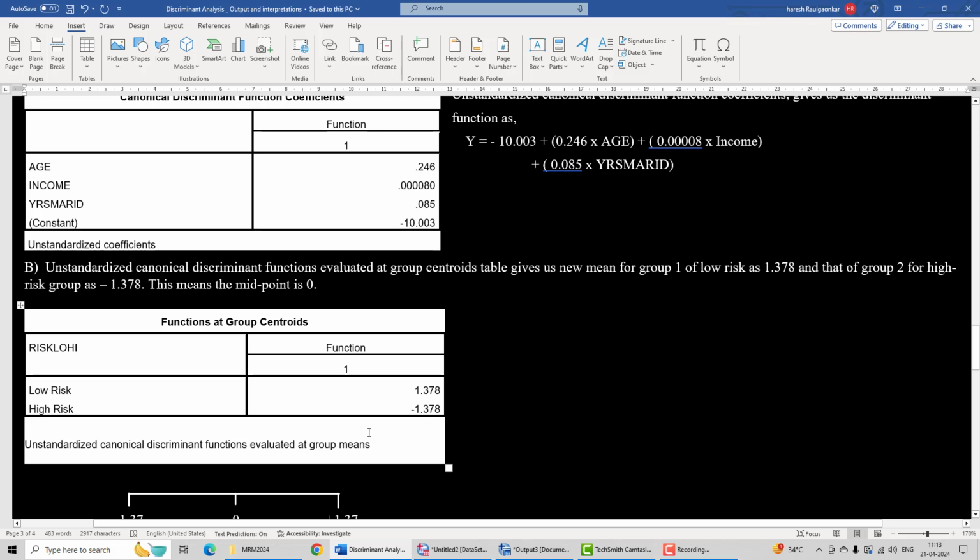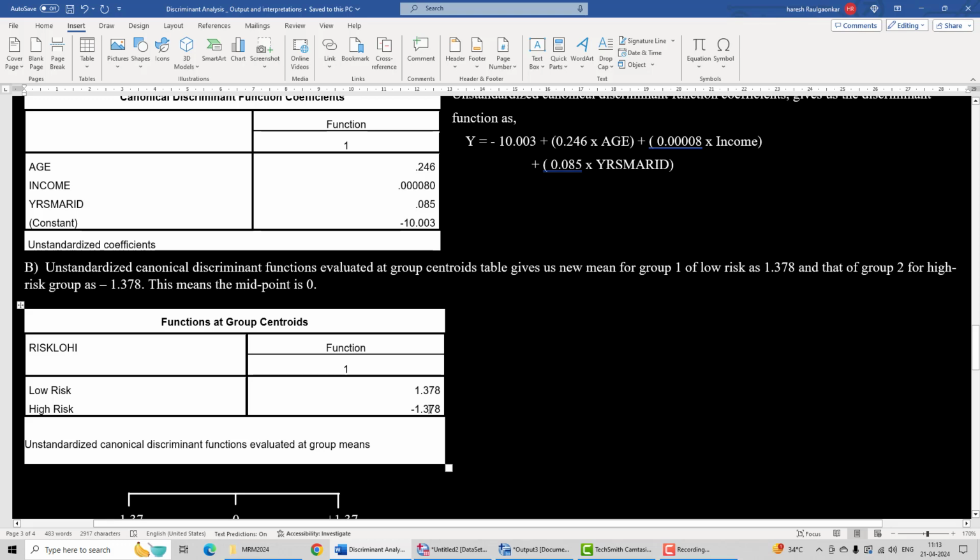And the midpoint is 0. Sometimes if the midpoint is not 0, then you need to actually find the mean, and that is the midpoint. It is not always 0, but in this case luckily it is 0.